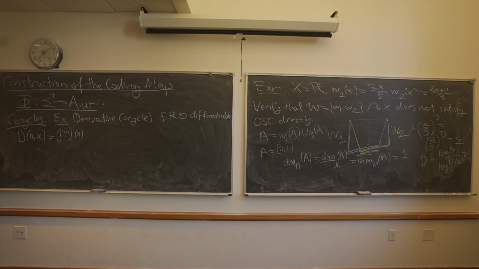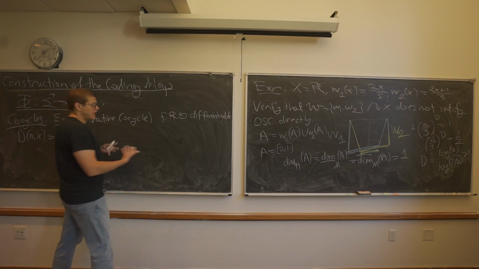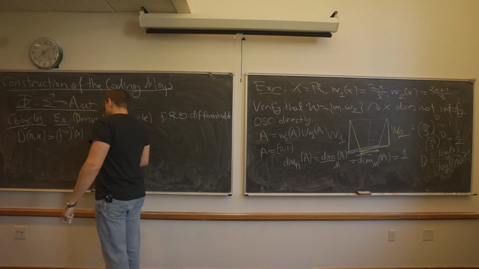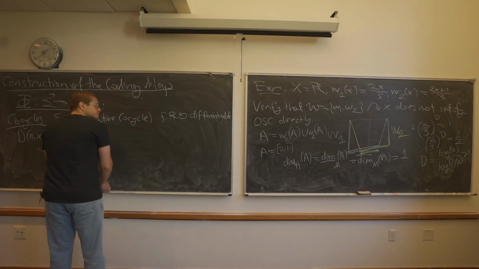The point is that by the chain rule, I can sort of open this up and rewrite this expression using derivatives of f instead of its nth iterate. So let's do this.